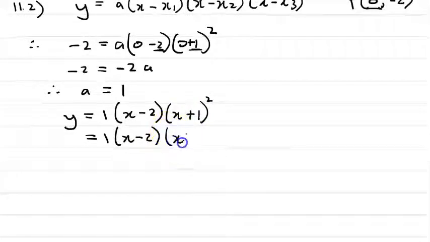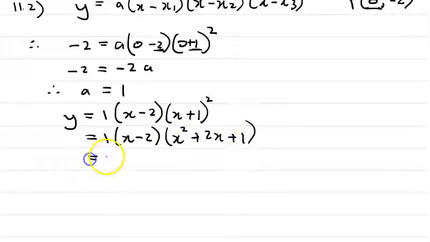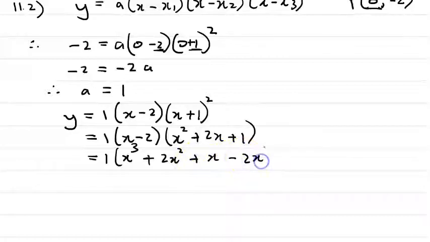So that will give us x squared plus 2x plus 1. 1 x minus 2, so x times x is x cubed, plus 2x squared plus 1 minus 2x squared minus 4x and minus 2 equals 2.